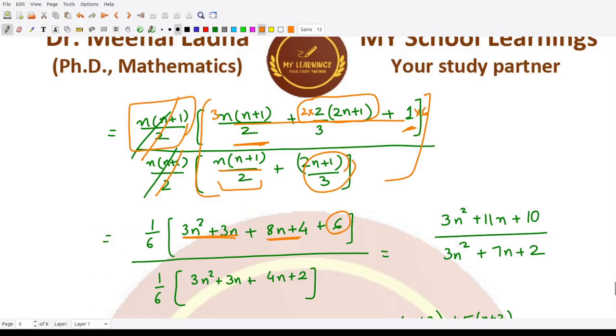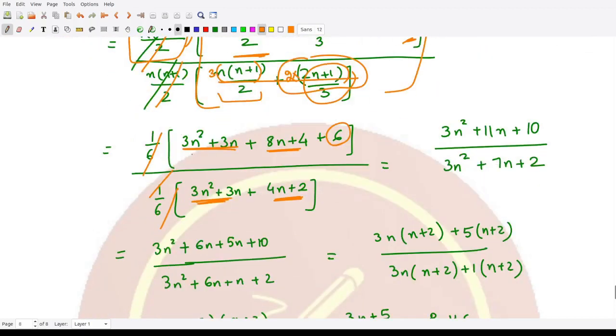Similarly here also you can take the LCM 6, so it would be 3 into this term, 3n^2 + 3n, and here it would be multiplied with 2, so 2 into (2n+1), which is 4n + 2. You see this and this also cancel with each other, both 1/6 and 1/6. So you are left with 3n^2 + 11n + 10 in the numerator, and 3n^2 + 7n + 2 in the denominator.